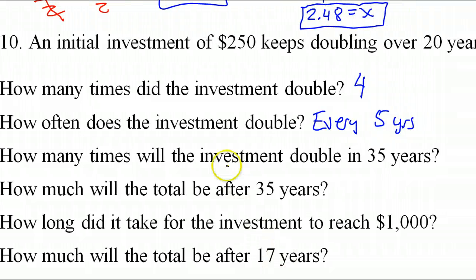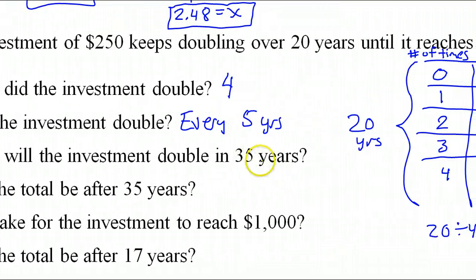How many times will the investment double in 35 years? Well, look, if it's doubling every 5 years, 35 divided by 5, that means it will double 7 times.